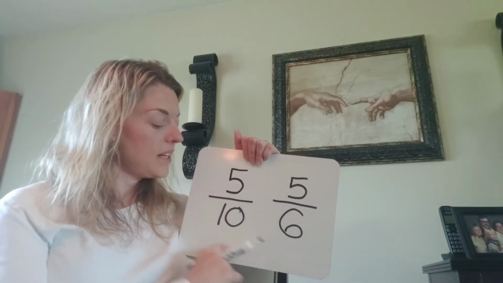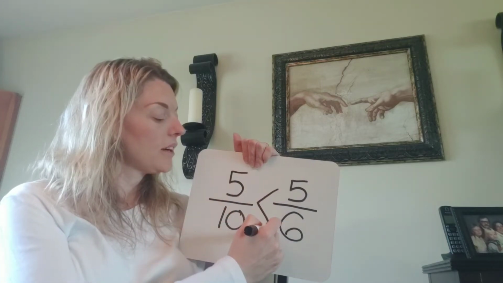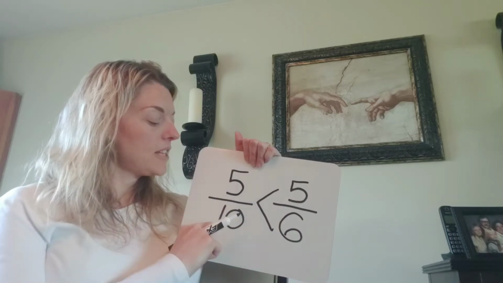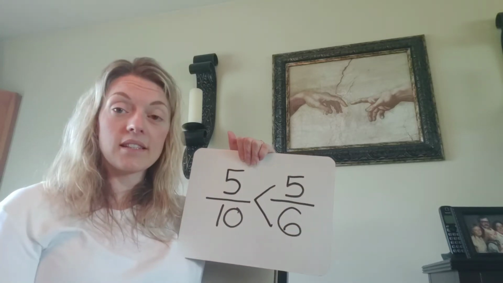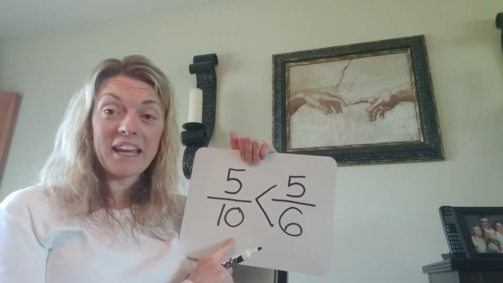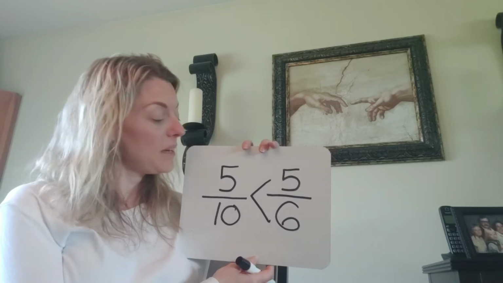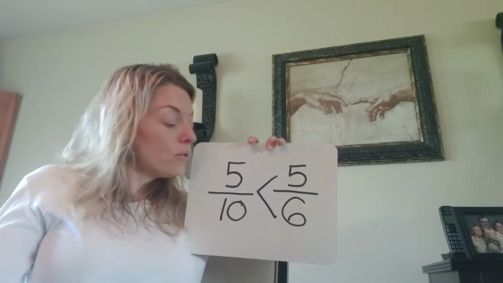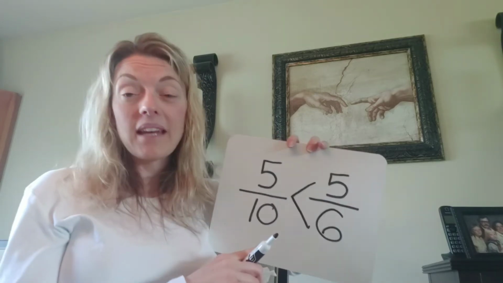The bigger the denominator, the smaller the fraction. 5 tenths is less than 5 sixths. I don't want to share my candy bar with 10 people. I'd rather share with 6 people so I can have bigger pieces. Okay? There's your rules for when denominators match or when denominators are different.